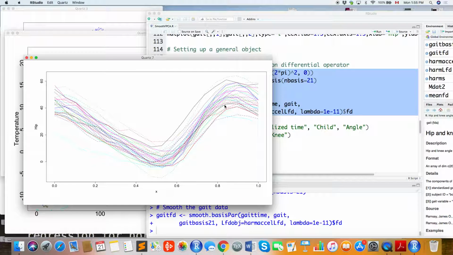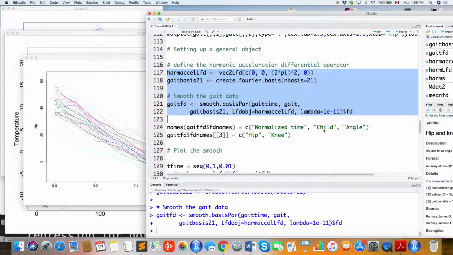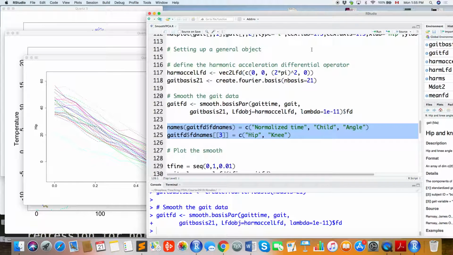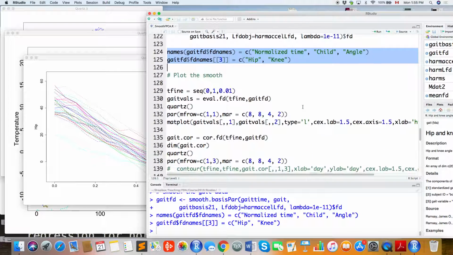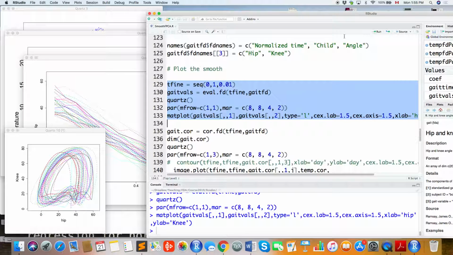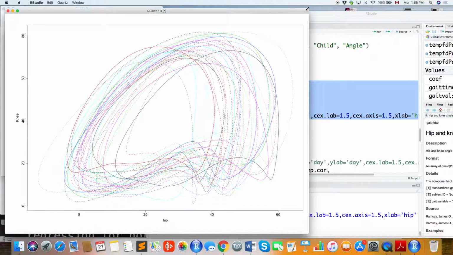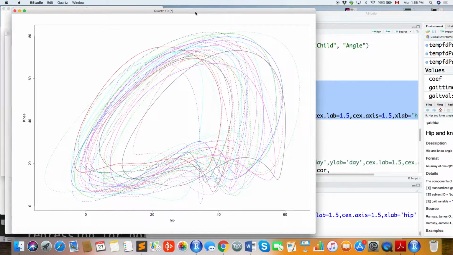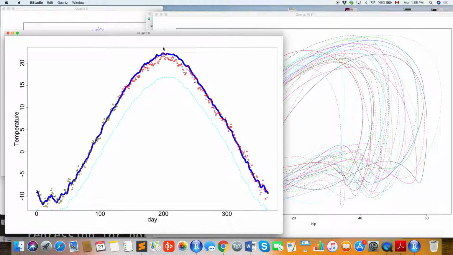We want to keep this curve as much as possible. Then we can plot how the smooth data looks like. So this is what the smooth data looks like.